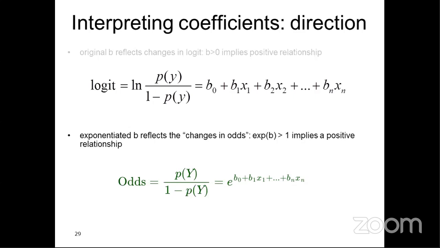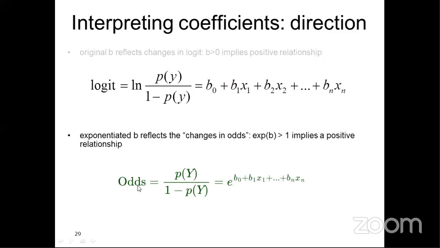Whereas in case of odds related interpretation, it is an exponentiated B. First you have to estimate the Logit form of the coefficient B, and then exponentiate it.